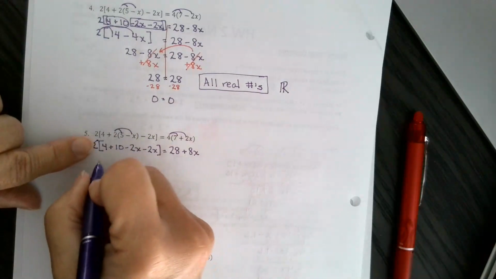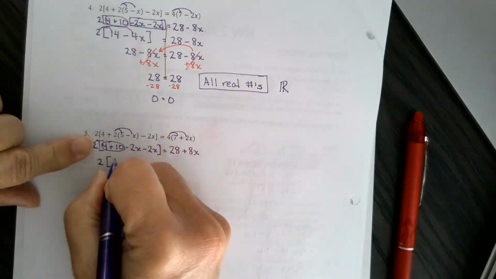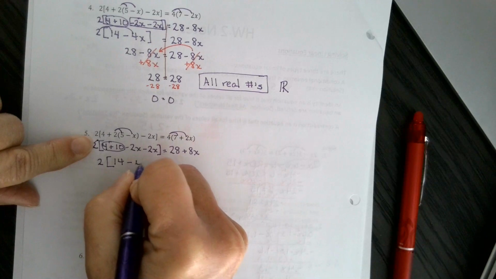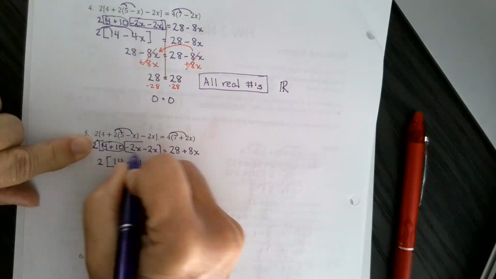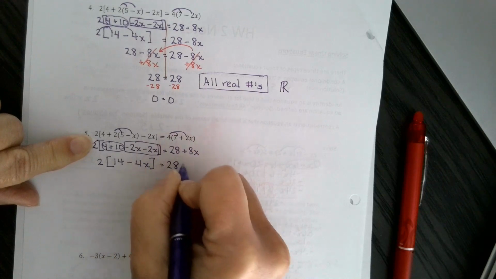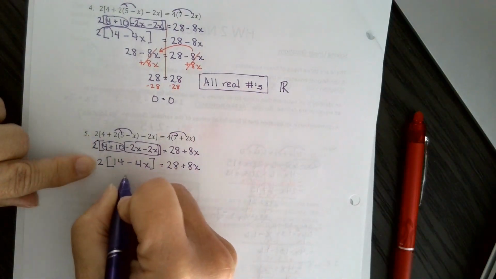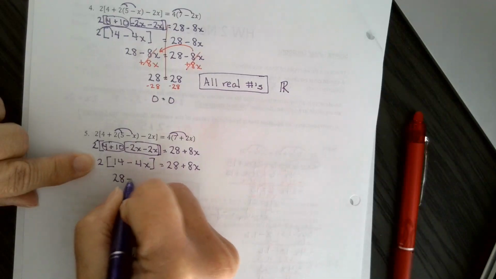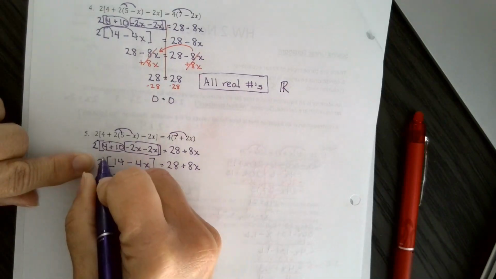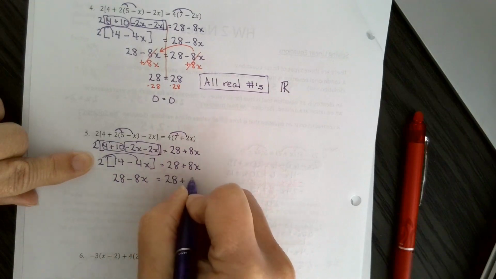Again, before I distribute, I'm going to simplify. This gives me 14 again, minus 4x in here, equals 28 plus 8x. Right here, I get 28 minus 8x when I distribute, equals 28 plus 8x.